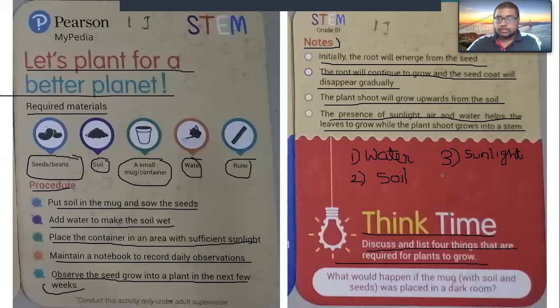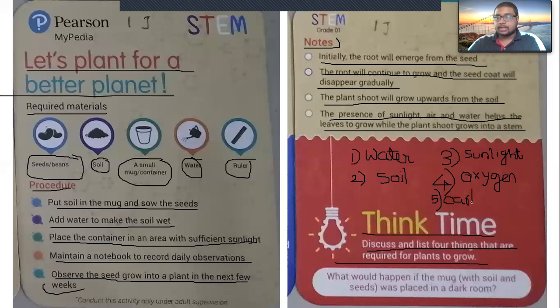And fourth is, see, the plants also require oxygen. Okay, plants require oxygen. And fifth point, there are only four mentioned, but the fifth point is the most important point: it also requires carbon dioxide.